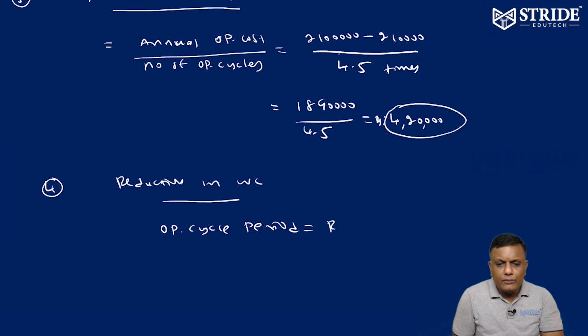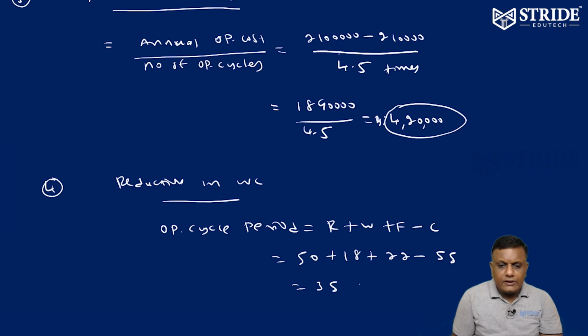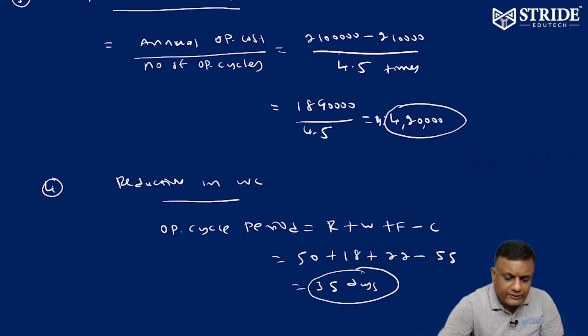That is equivalent to raw material period plus work in process period plus finished goods period minus creditor period, because it is purely cash sales. So 50 days plus 18 days plus 22 days minus 55 days is equivalent to 35 days. So operating cycle period is 35 days.